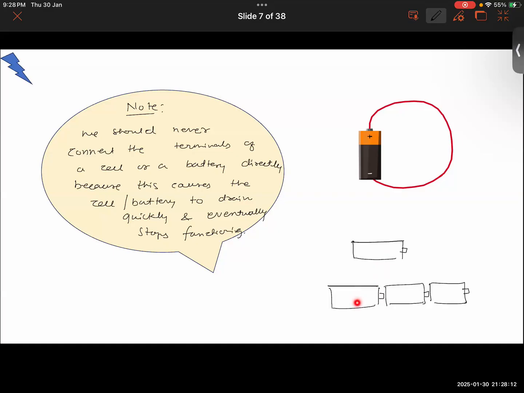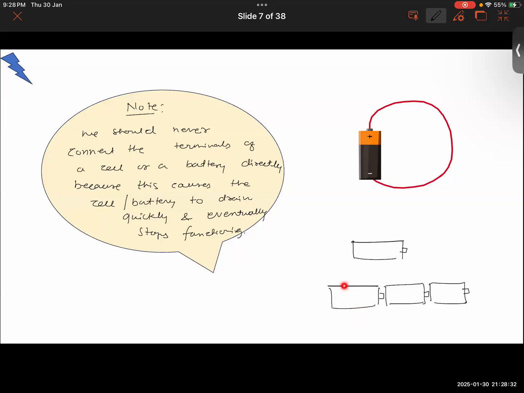Okay, so that is the main difference. It is single, while the other has a group of cells. It will give a small amount of energy, but this will give more. In comparison to size, as you have mentioned, Ayush, a cell is compact and light while a battery is larger and can be bulkier also.